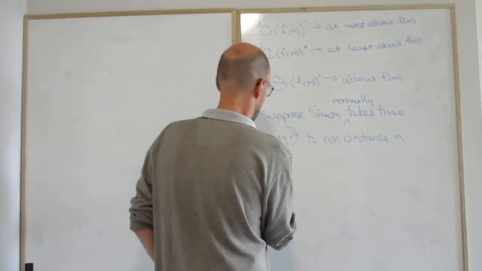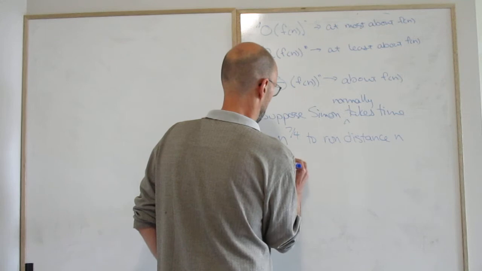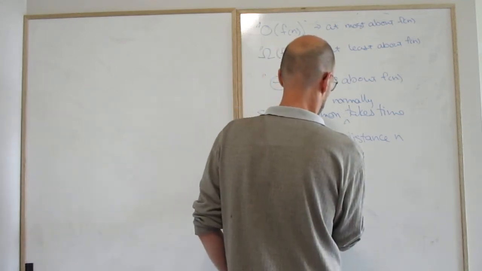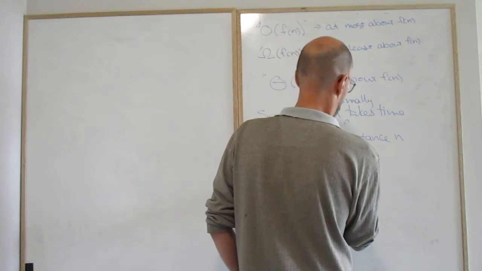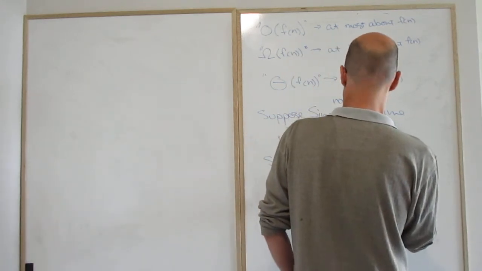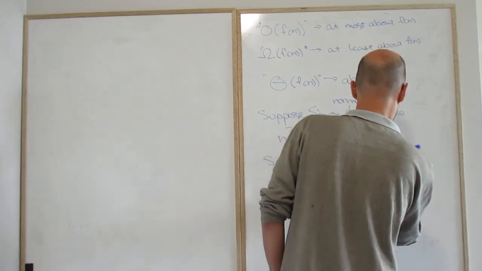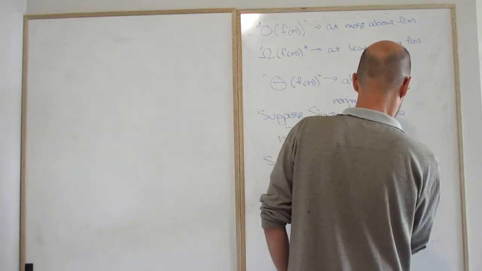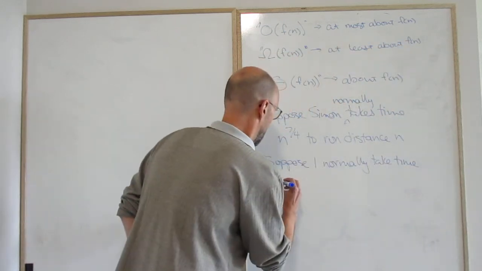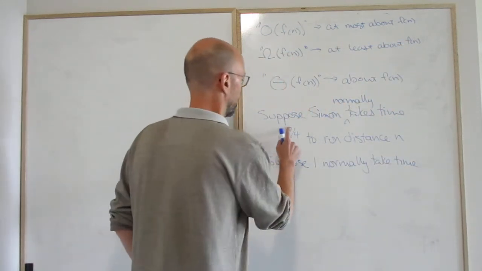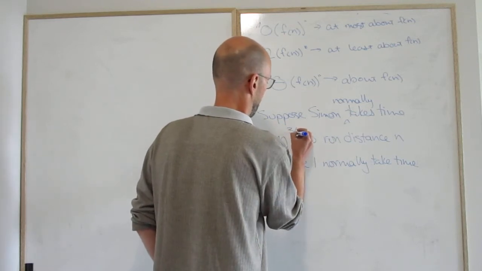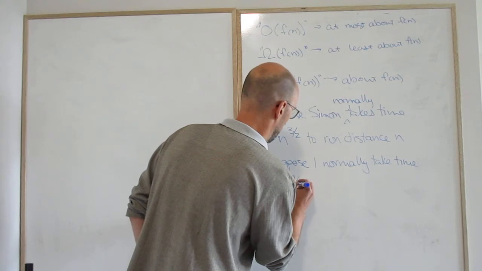So suppose I run normally, I take time n to the 7/4 to run distance n. Simon is 3/2 I think, and I'm 7/4.